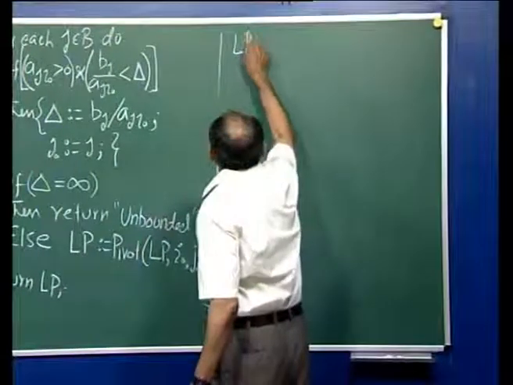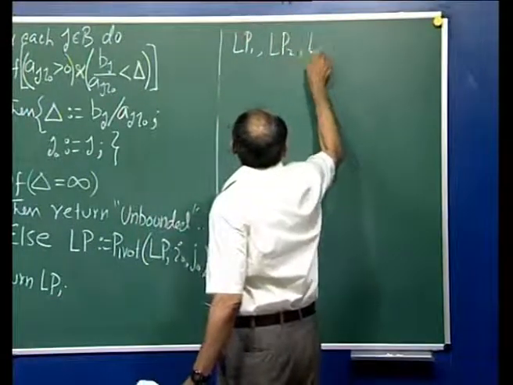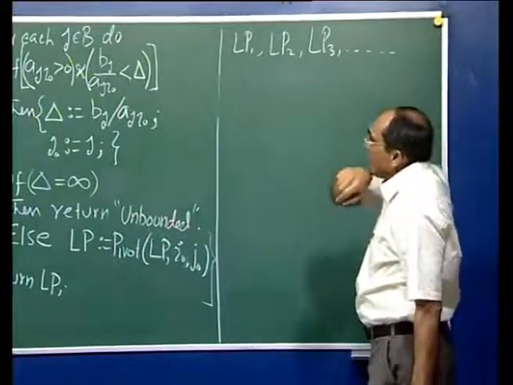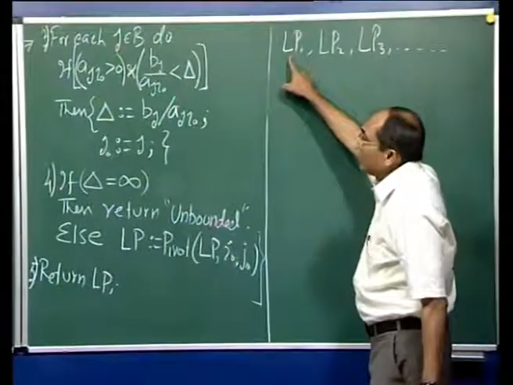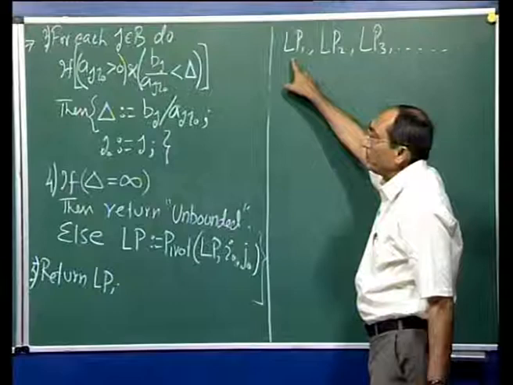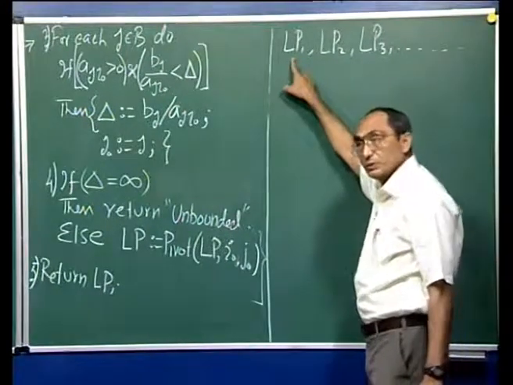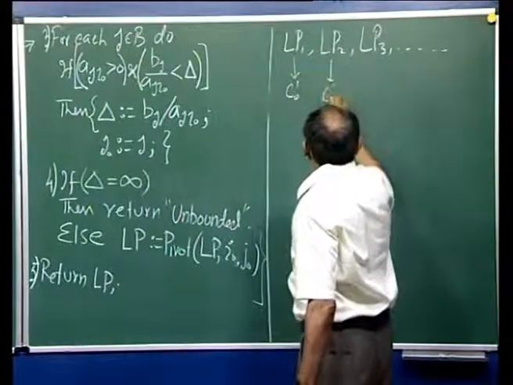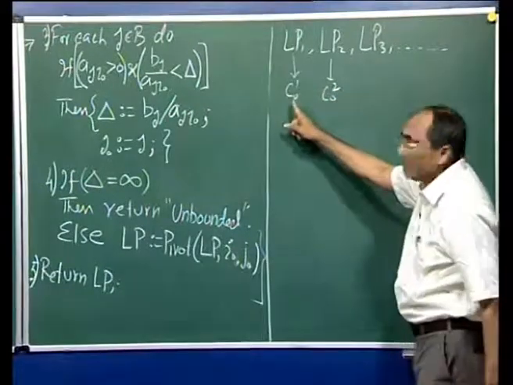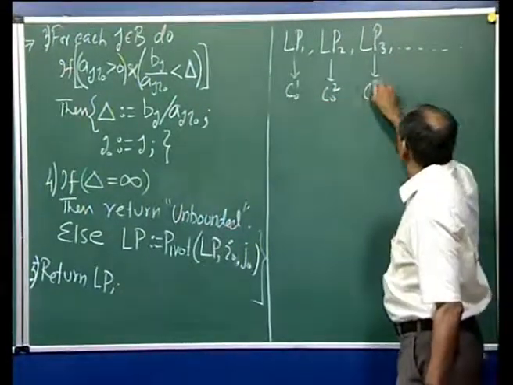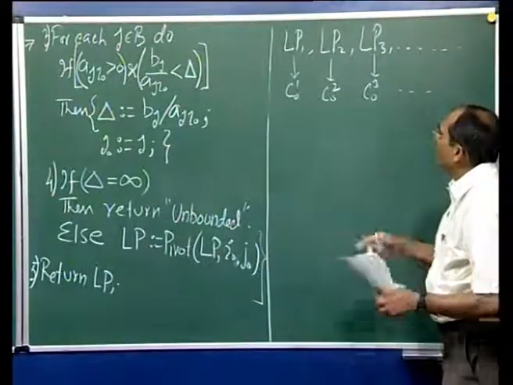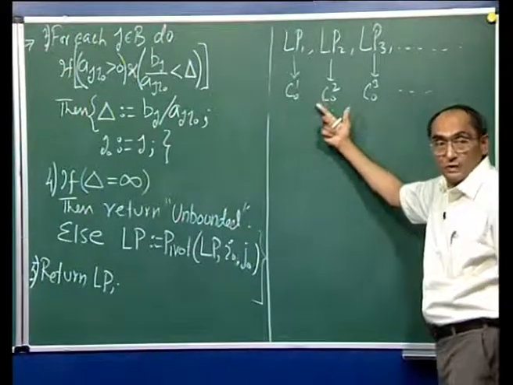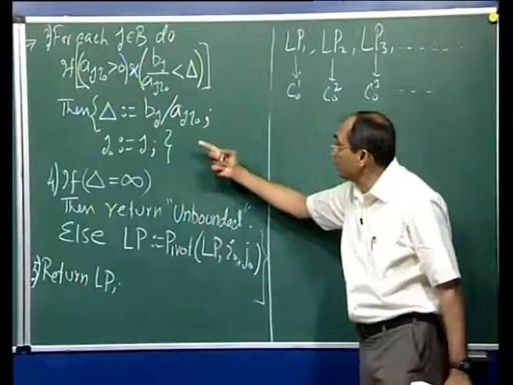Let's say if their C values, that is the value of the object function in their basic solutions, are, let's say, C01, C02, the constant part of the object function, we know that the maximum value of the object function is bounded, because if it was unbounded it will be captured in this case.